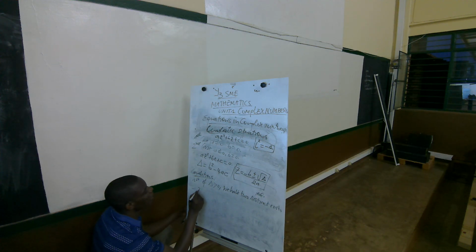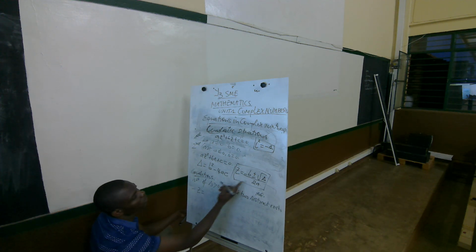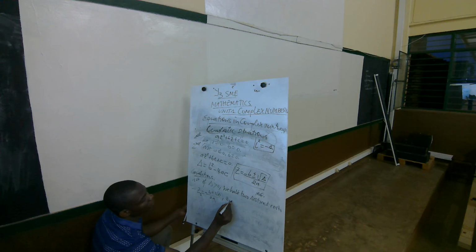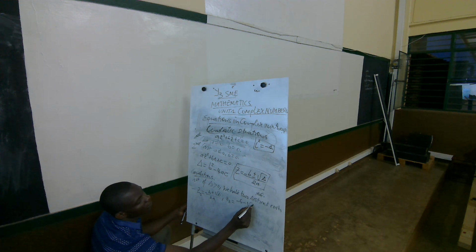It means our z is going to be equal to this one. So we have a z1 which is equal to negative b plus square root of determinant over 2a, and z2 is equal to negative b minus the square root of determinant over 2a.